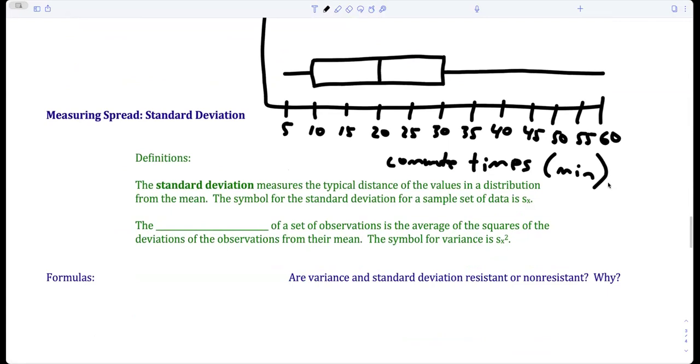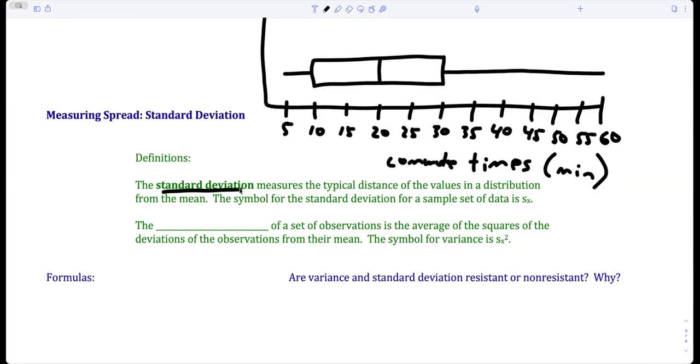One last thing here, and I will finish this up tomorrow, but this is a pretty important concept that we will use the rest of the year, so I want to see if I can explain it in a way that makes sense. We have what is called the standard deviation.